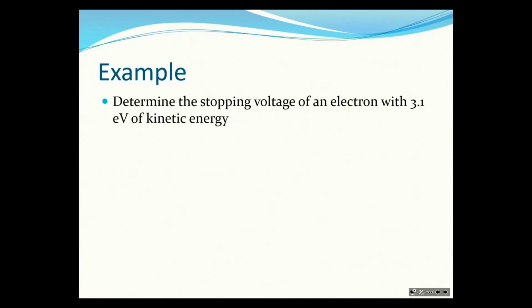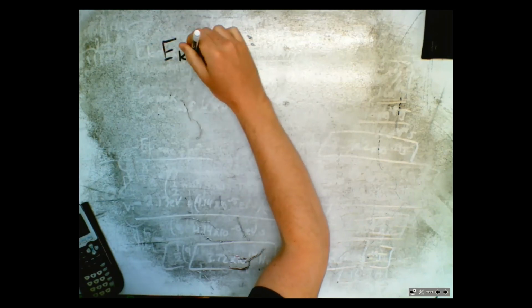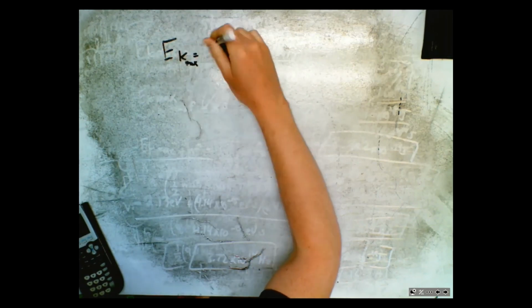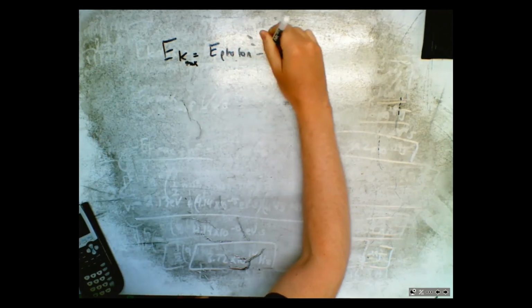Okay. So let's do an example. Determine the stopping voltage of an electron with 3.1 electron volts of kinetic energy. So if it's a photoelectric effect question, almost exclusively you start with this: EK max equals the energy of our photon minus our work function.